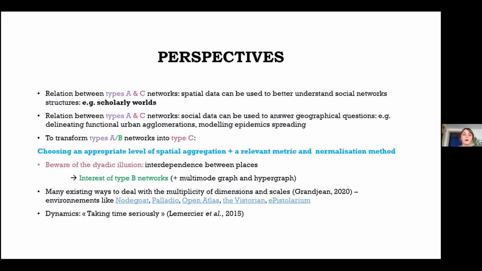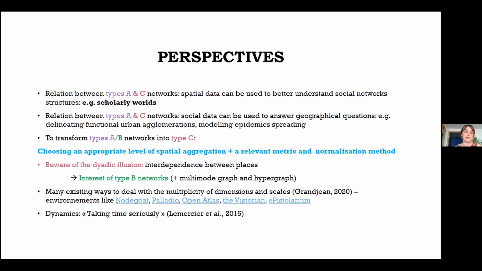To conclude, I think we could try to remember some of the ideas I have developed during all these different examples that I have shown. First, when you transform a type A network into type C, it can be useful because the spatial level can help you to better understand the social level.